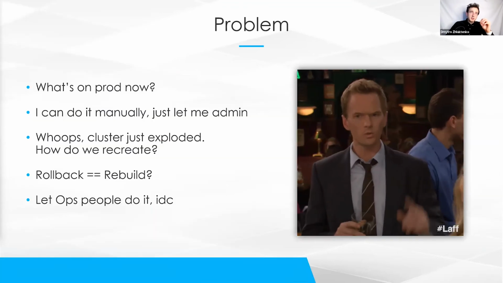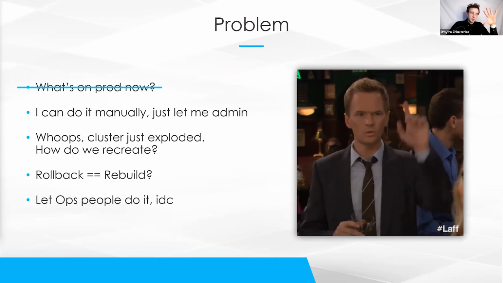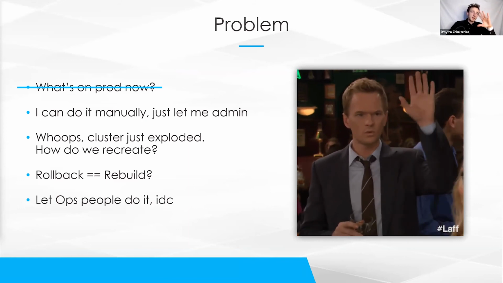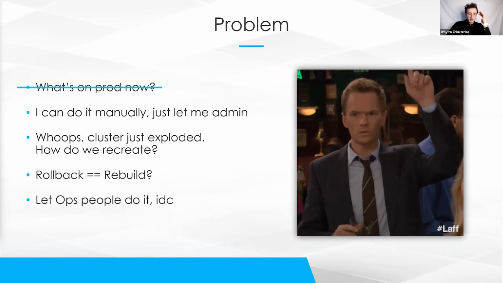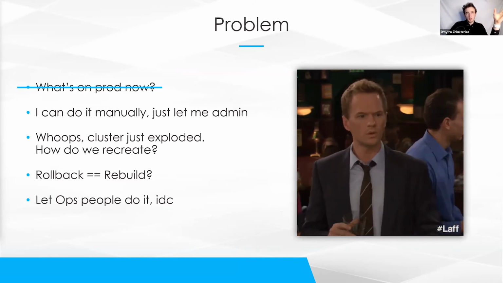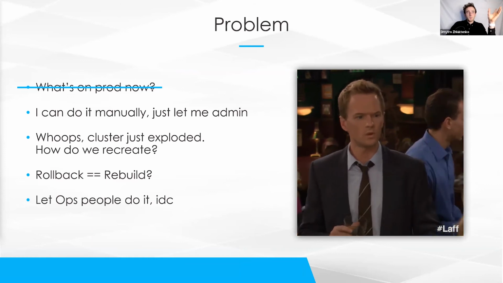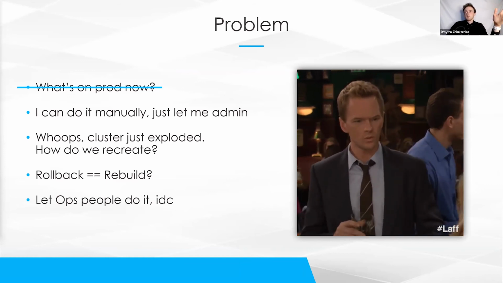And in the case of wondering what is on prod now, you can easily figure that out just by looking at the Git repo, because what you have in the Git repo is the desired state of your cluster. And in 99% of the cases, that's it.